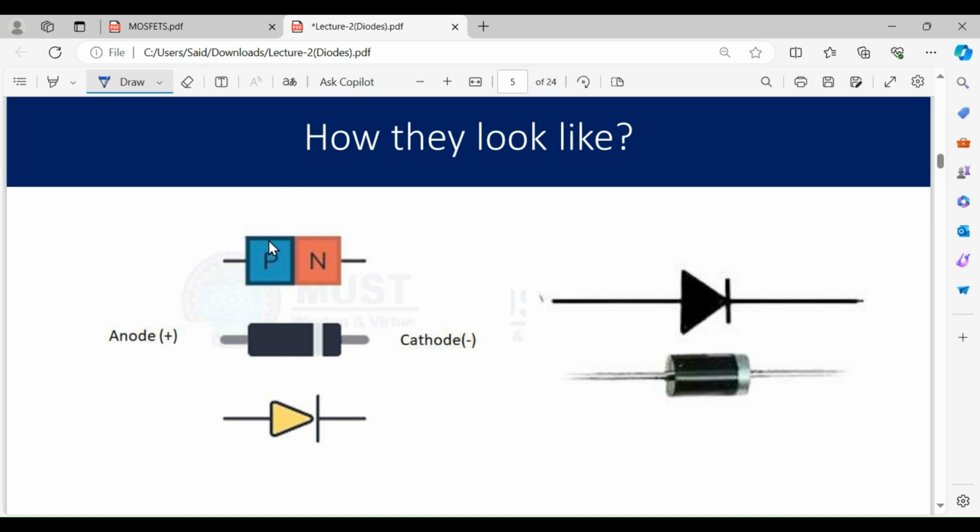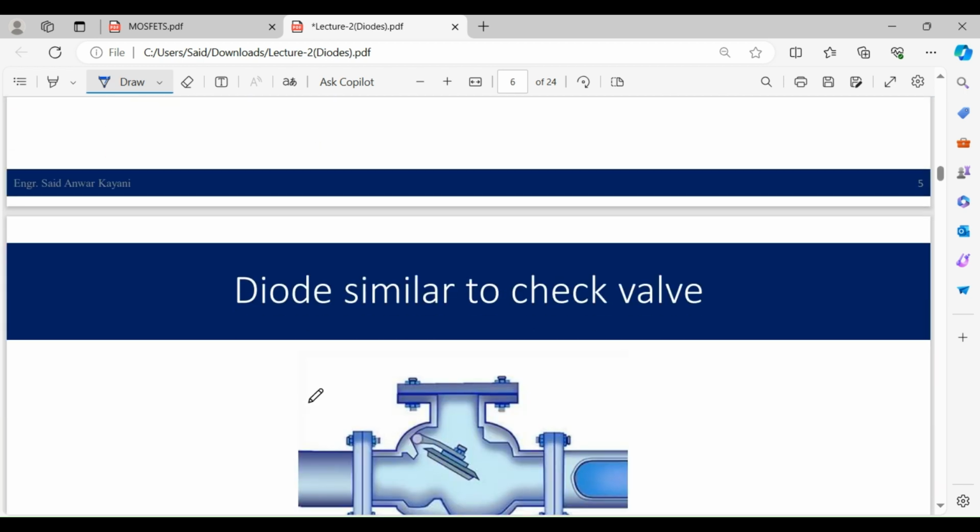It has holes and it has electrons. One side is the anode, that is positive, and the other side is the cathode, that is negative. In this case, this side is positive and this is our negative. And this is just the symbol of a diode.